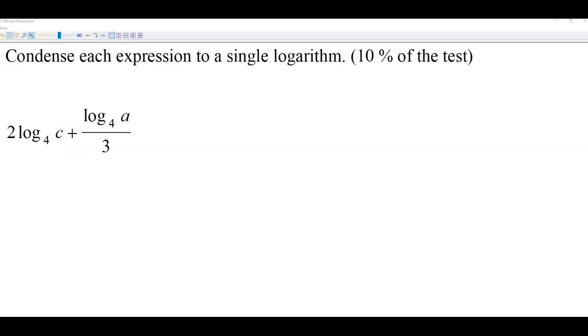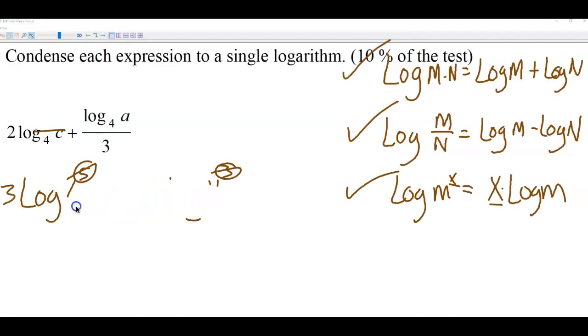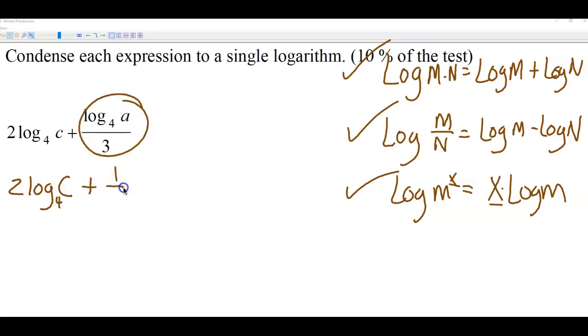We'll also be doing the reverse of that, where instead of pulling the logarithm apart into two separate logs, we'll be putting the logarithms together into one single log. So for this one, the first thing I'm going to do is rewrite this as 1/3 log base 4 of a.